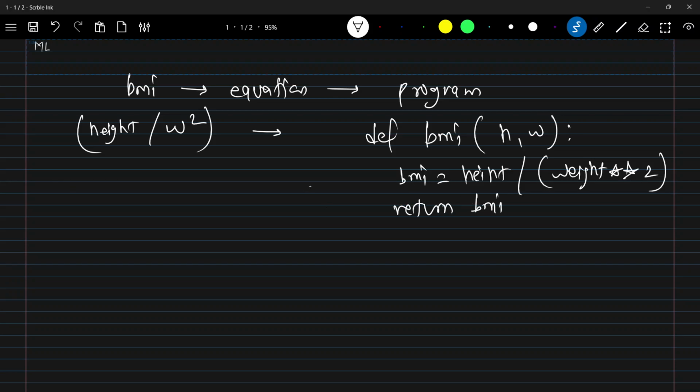So what are we doing now? We have one equation that we need to know in order to program it.